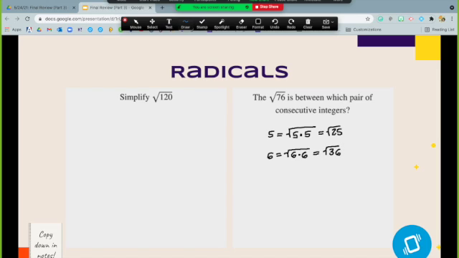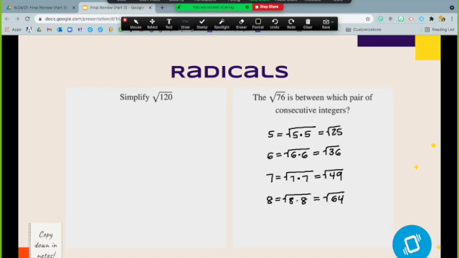We still need a bigger number, so let's try out 7, because the square root of 76 is not in between these two. 7 times 7 would equal the square root of 49. And then if we had 8, that would turn into the square root of 8 times 8, which would be the square root of 64.